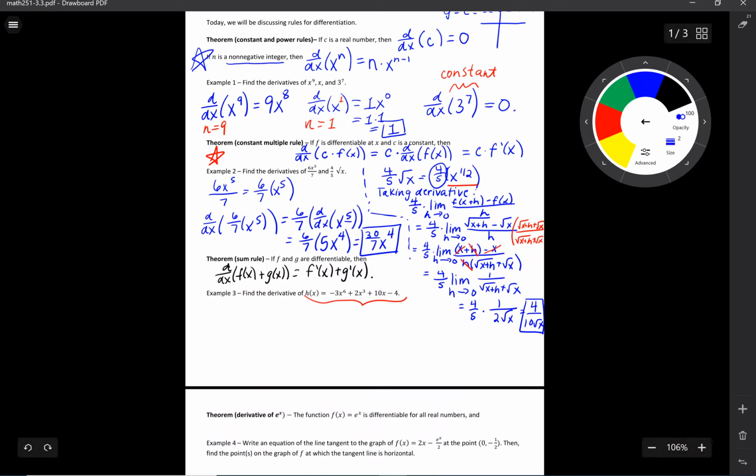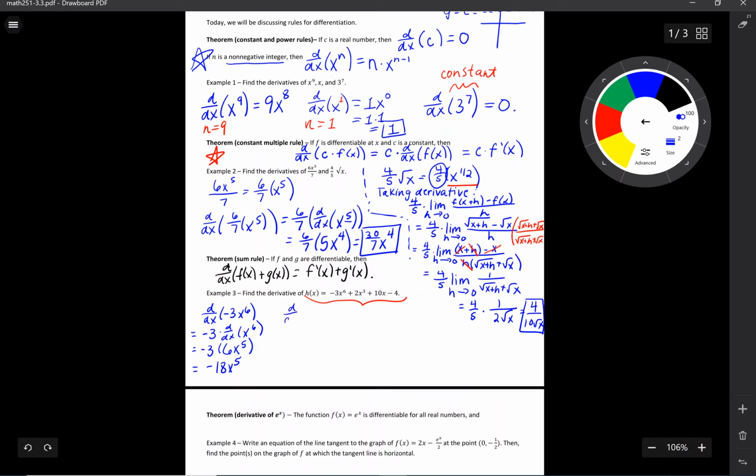So if I first take the derivative of negative 3x to the power of 6, this is equal to negative 3 times the derivative of x to the power of 6. Now what do I do here? I bring my 6 out in front, and I reduce my power by 1. So this gives me negative 18x to the power of 5. That was my first term.